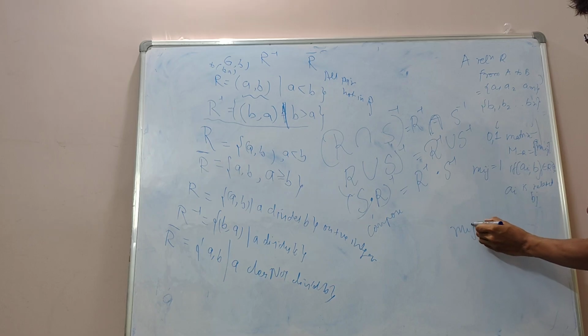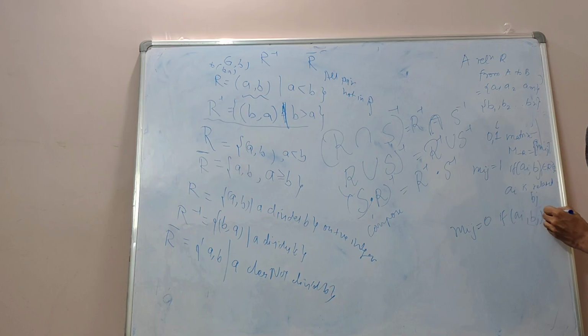Otherwise M_ij will be 0 if (Ai, Bj) does not belong to R, or Ai is not related to Bj.